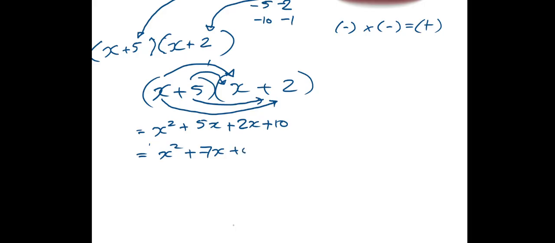Now we have the x times the 2, and that's 2x, and the 5 times the 2, the constants, add to 10. Let's simplify it a bit. x squared plus 7x plus 10.